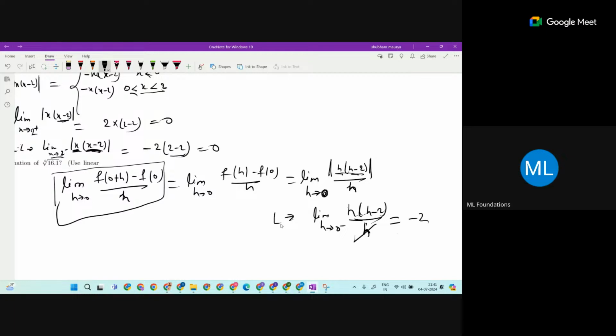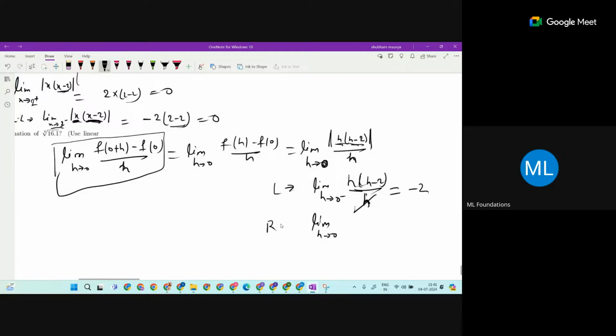In the case of the right limit, h goes to 0 from the positive side. So what is going to be here? Minus h into h minus 2, minus h here, because this part will give negative, and we have to manage that. So minus h is there.